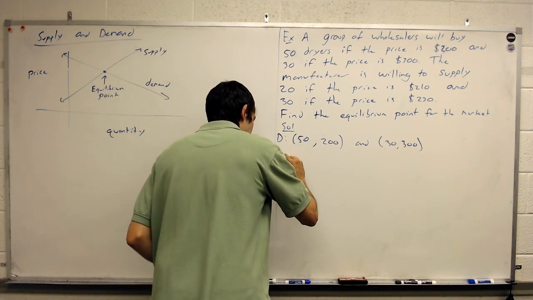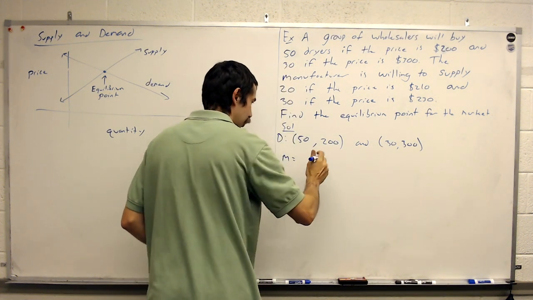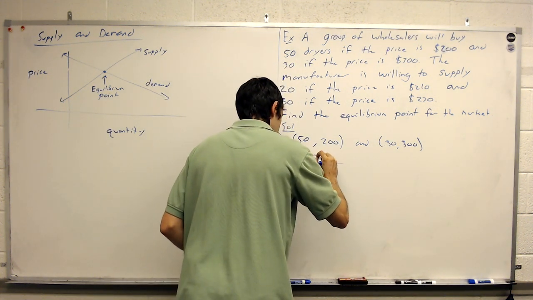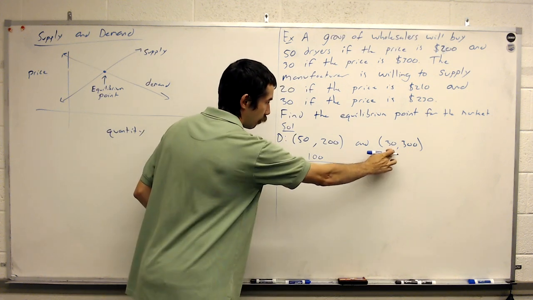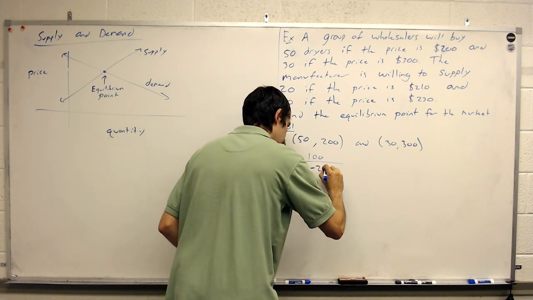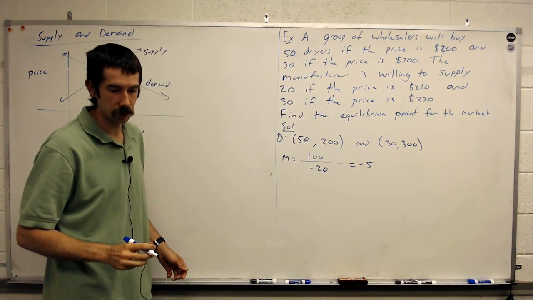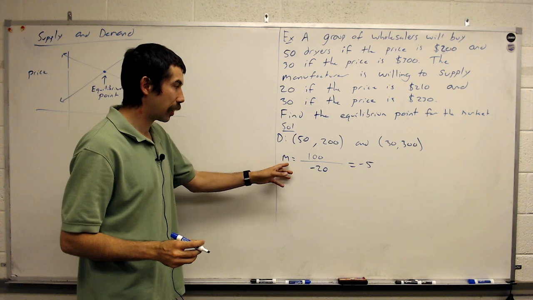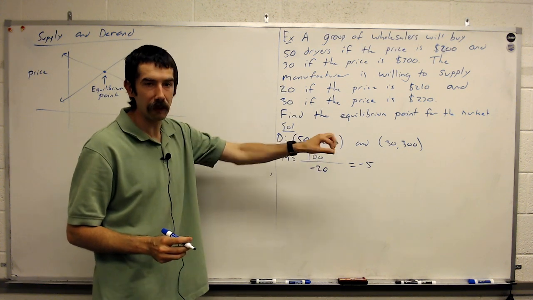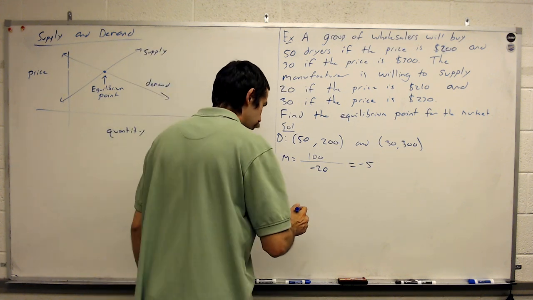Our slope, m, is the change in price divided by the change in quantity. We have a slope of -5. We could use either of the points to get the equation of the line. I'm going to use the first one.